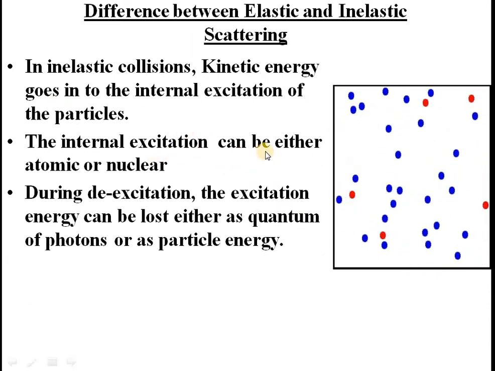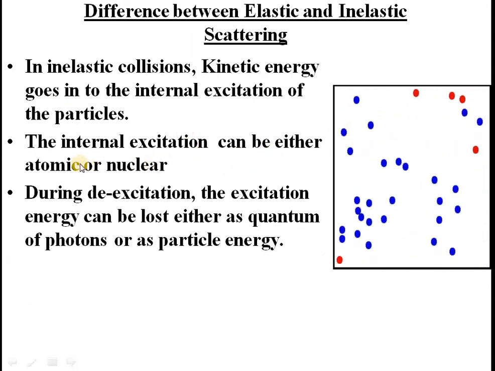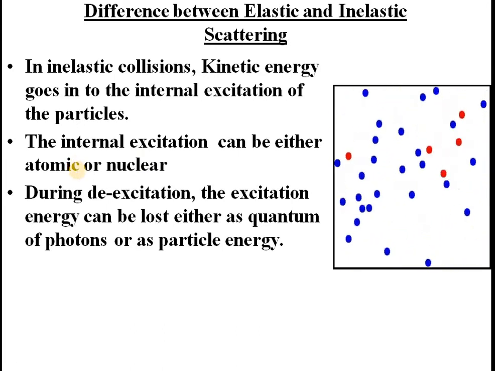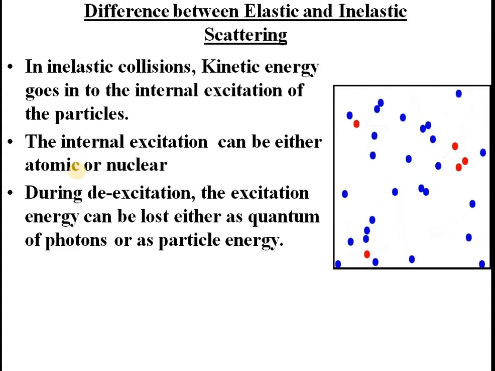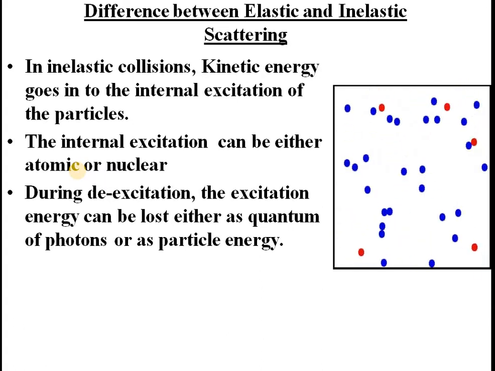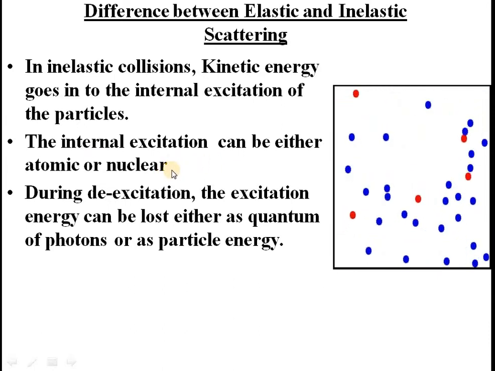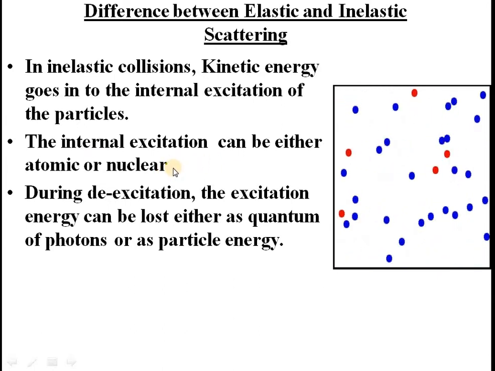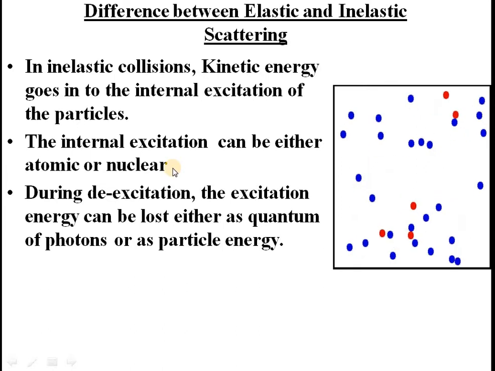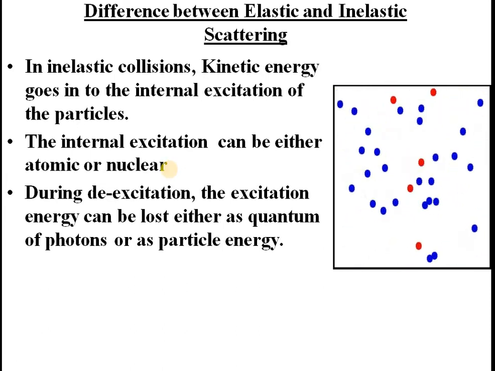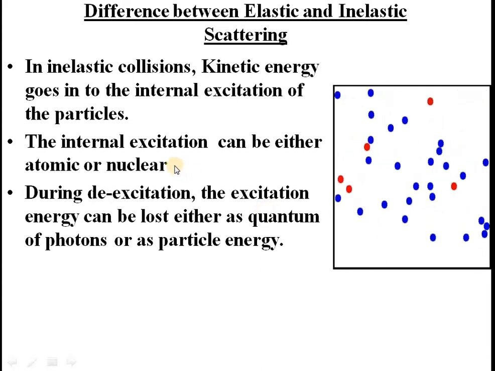Internal excitation can be in the atomic form. What does it mean? Excitation in the atomic domain means an electron can go from a particular energy level to a higher energy level. That is called atomic excitation. Somewhere it may be nuclear excitation. As we already discussed, in the nucleus the nucleons are in their own discrete energy levels.